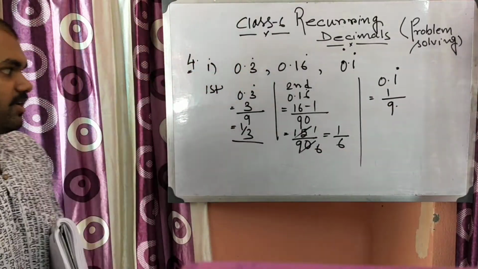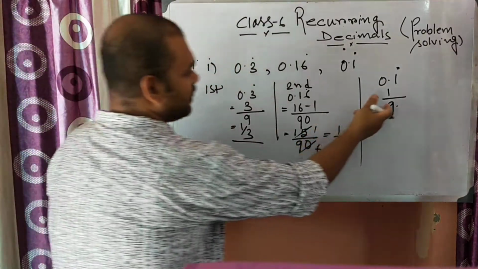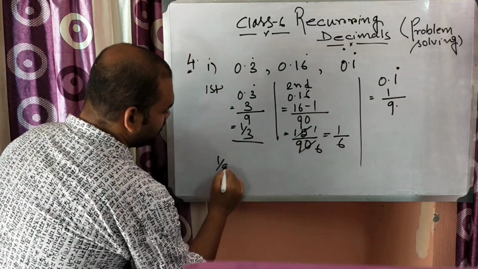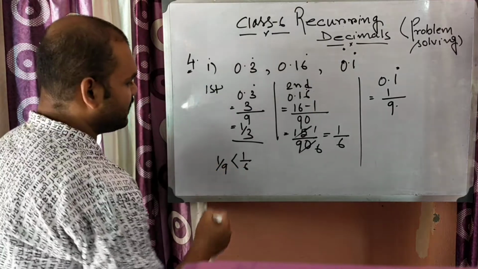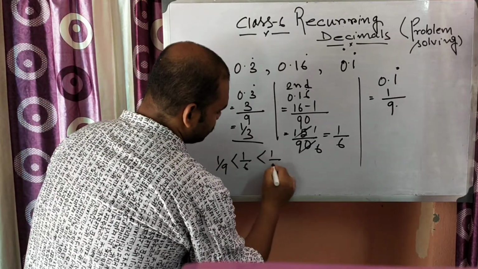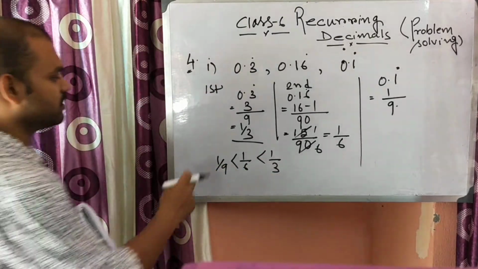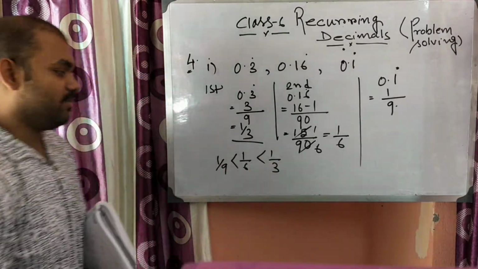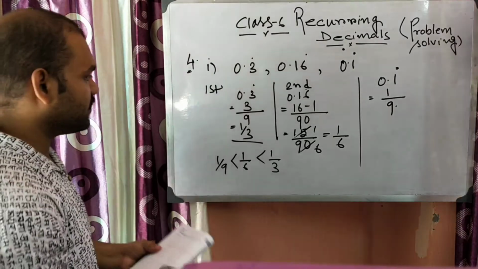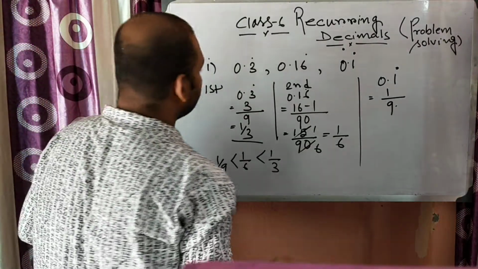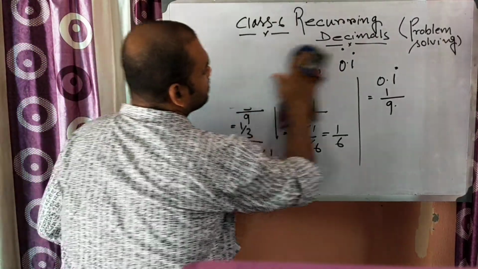So the lowest is 1 by 9, then 1 by 6, and then 1 by 3. So 1 by 3 is the greatest because the numerators are the same. If the denominators are not the same, then just do the LCM and arrange.